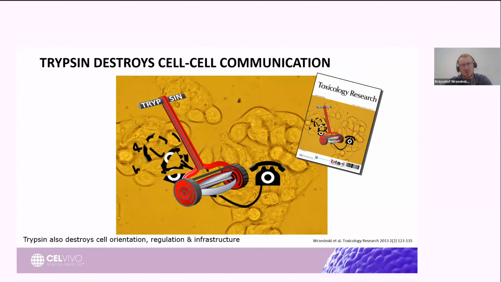More about this you can easily find in one of our articles in Toxicological Research. You can see the link or the reference here. And as you can see, this is quite a historical publication from 2013.